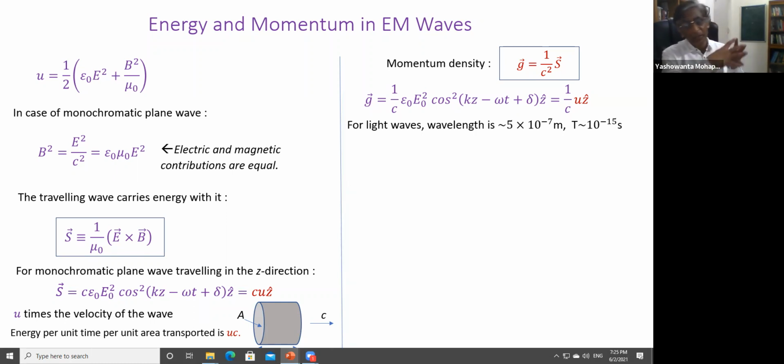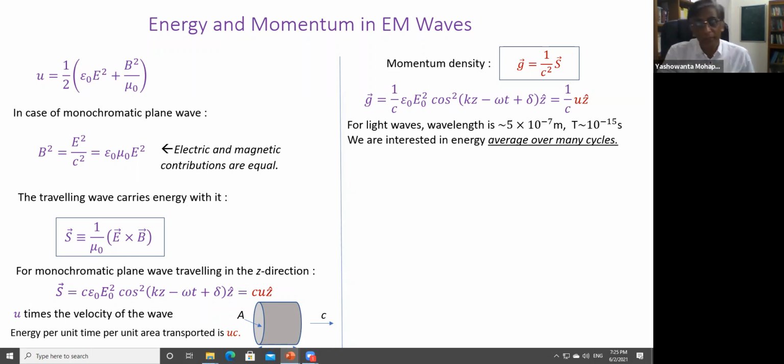So when you are looking at transport of energy or momentum, we normally look at the average over many cycles, because it's too fast and the wavelengths are too short. Hence this represents the time average. If you take the time average, then it is simply half epsilon naught E square.